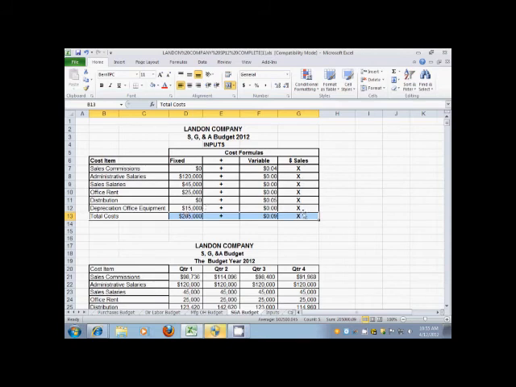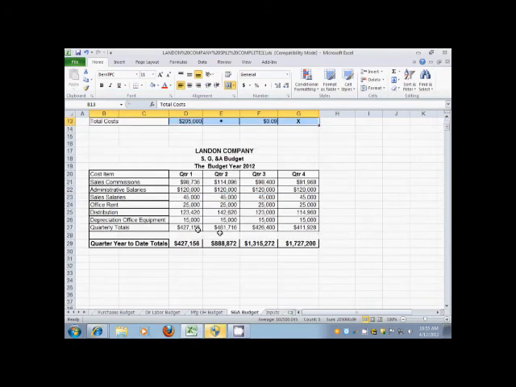We again have quarterly totals, and then we have what we call year-to-date figures. This final figure represents the $1,727,200 is our estimate for SG&A for the entire year.